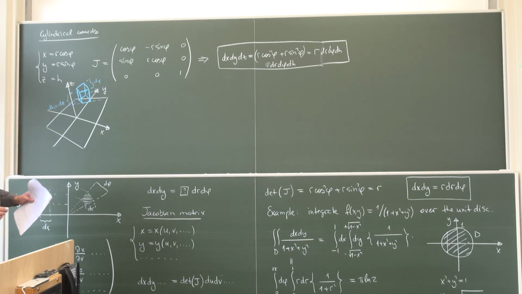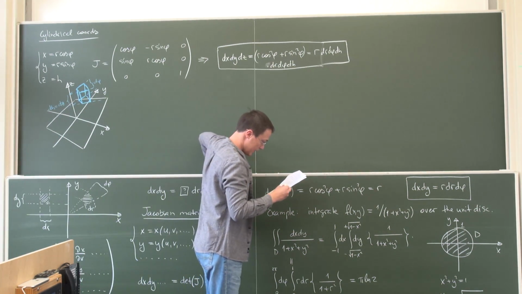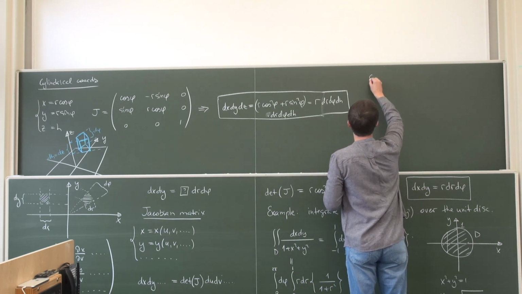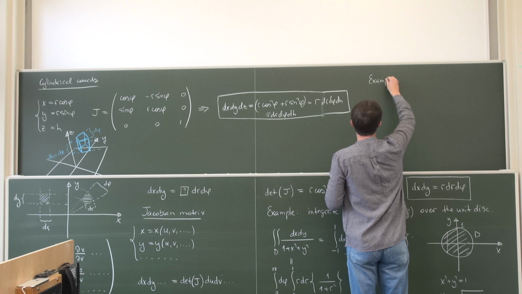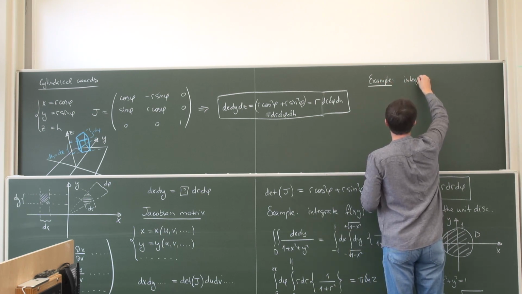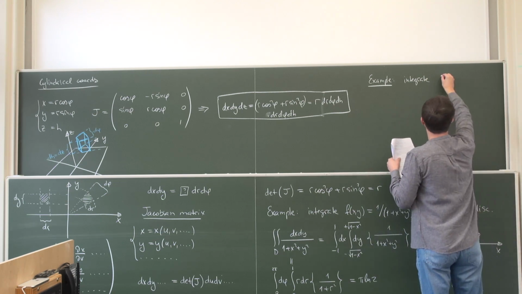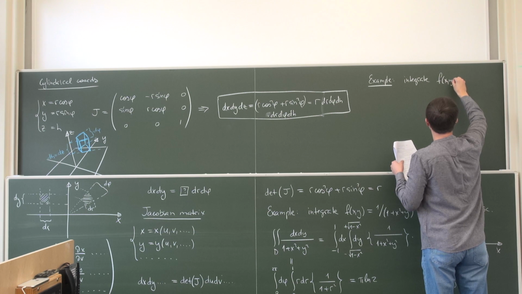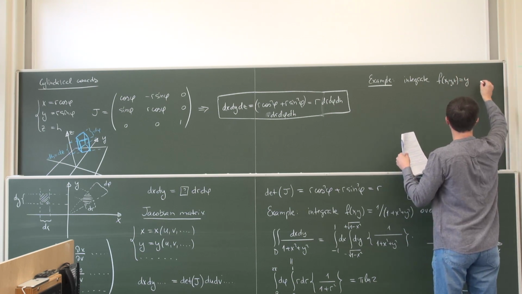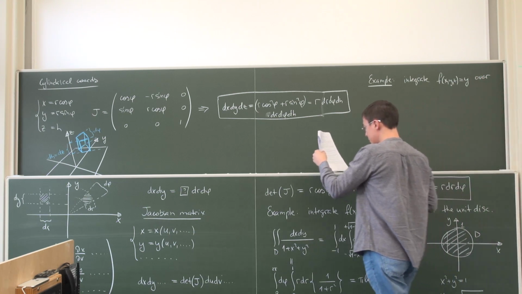Okay, so let us take some complicated integral in this. Our next example would be to integrate F of x, y, z equals just y, so simple, over a fairly complicated region.